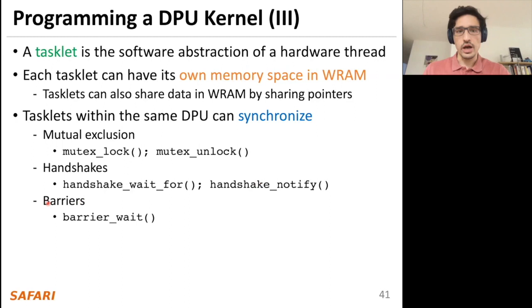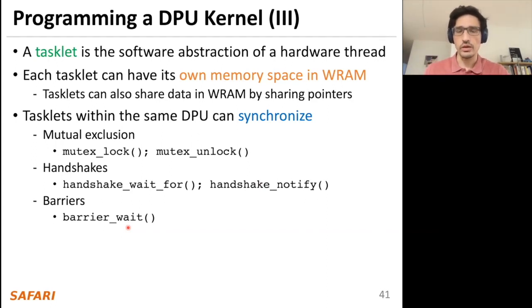And another possibility is to use barriers. When we use one of these barrier waits, we have all tasklets running. When they reach this barrier, they wait until all other tasklets have reached the barrier, and after that, they continue the execution.